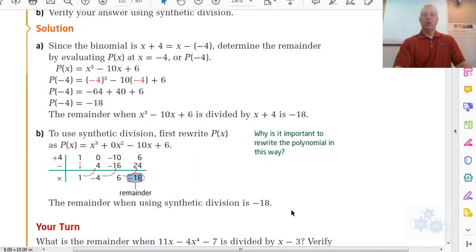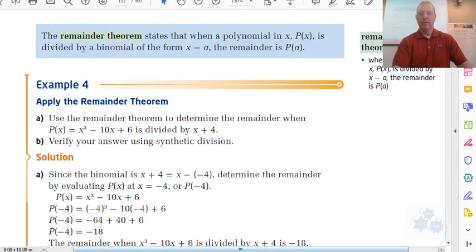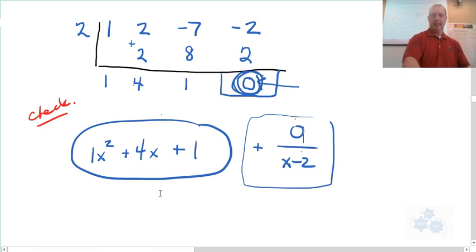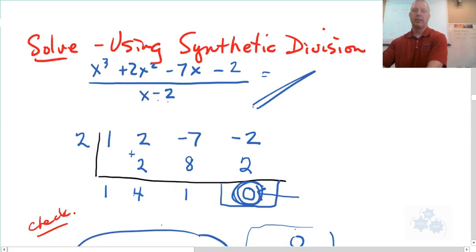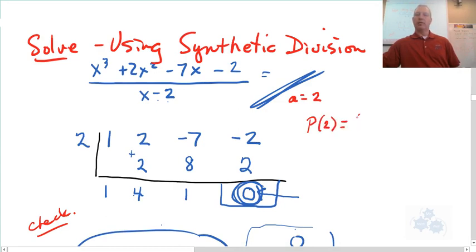All right. So if we use this now to go back and take a look at one of our examples. So a is positive 2. So what is p of 2? Well, that's going to be 2 cubed plus 2 times 2 squared minus 7 times 2 minus 2.